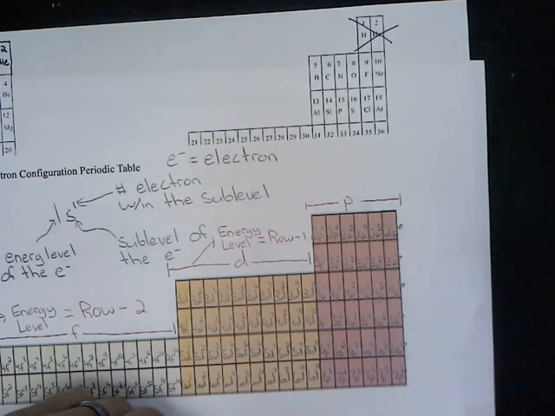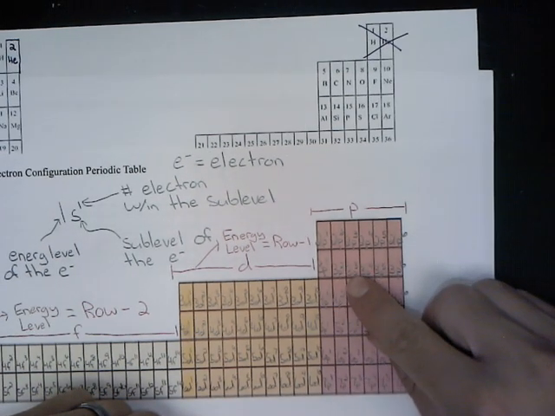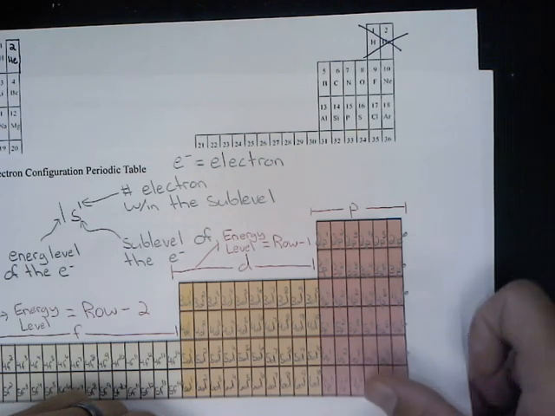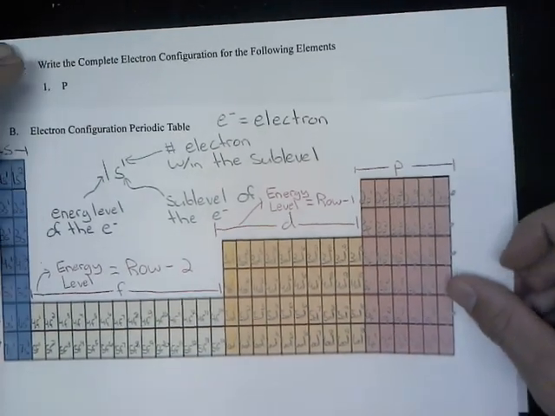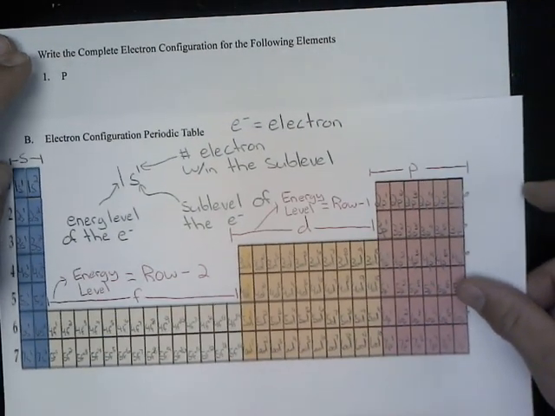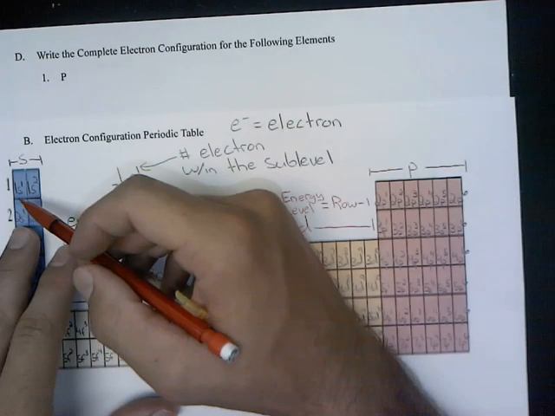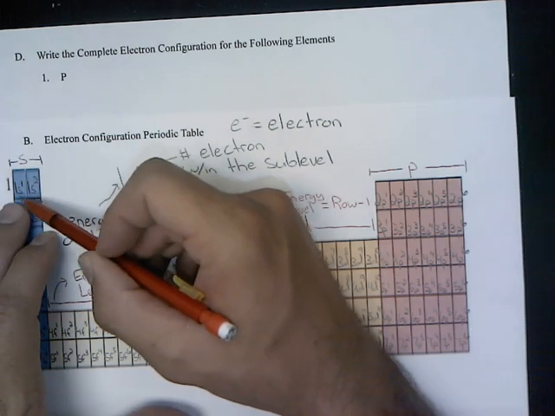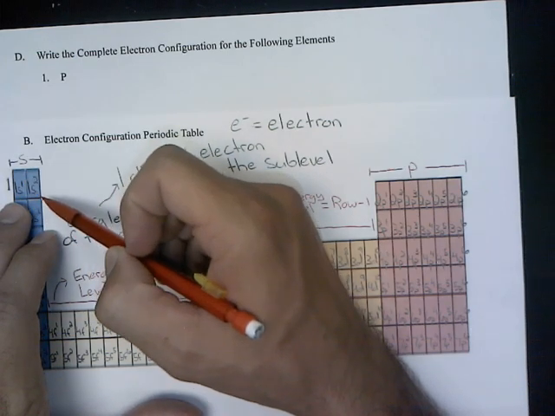So what that represents is our stopping point. That is our stopping point here, 3p3. What we have to do is write every bit of the electron configuration up to that point. We start just like we would read a book. We start in the s subblock with the 1s. We ask ourselves, have we reached 3p3 or phosphorus?